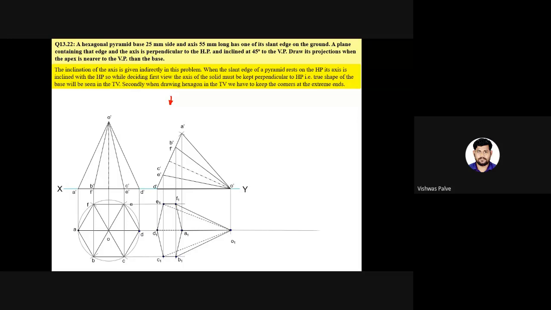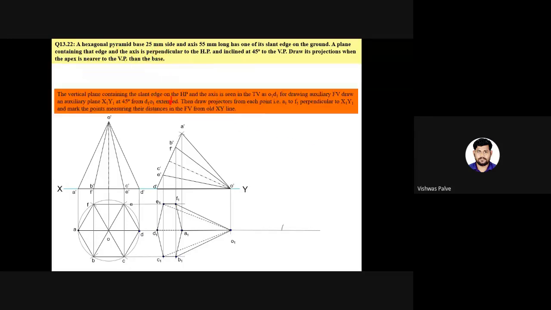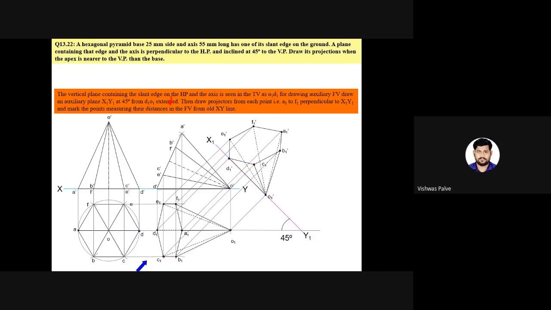So we have to draw a 45 degree inclined line. Transfer these points. All these points will be transferred like this. So directly, we can incline this line at 45 degrees and redraw this object.